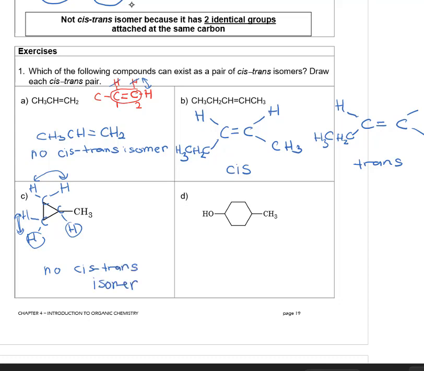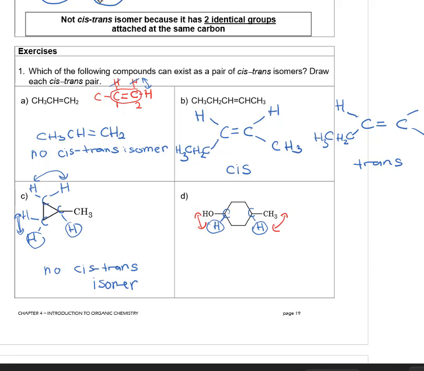Okay, so for this one, it can exhibit cis-trans isomer. Between these two carbons here, the similarity is hydrogen and hydrogen. And then the groups here are different, and these are different too. So it can exhibit cis-trans isomer.